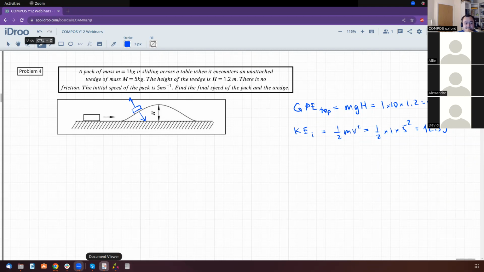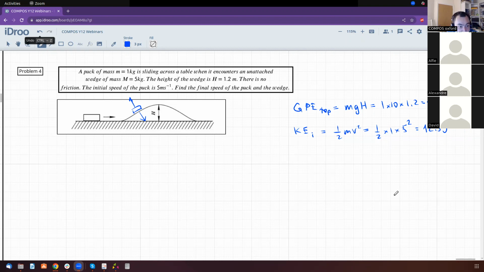Just one more second. Oh, yes, I see. What we need to do is to find the kinetic energy of the wedge.